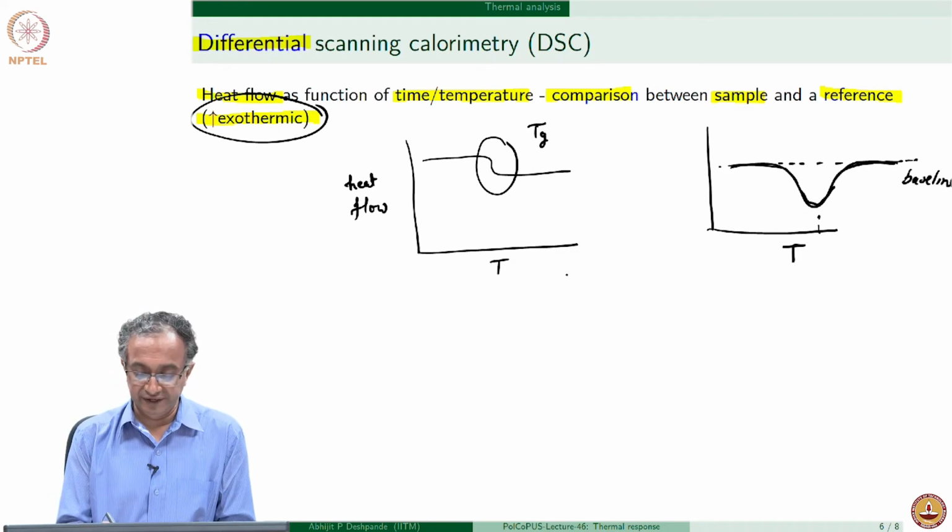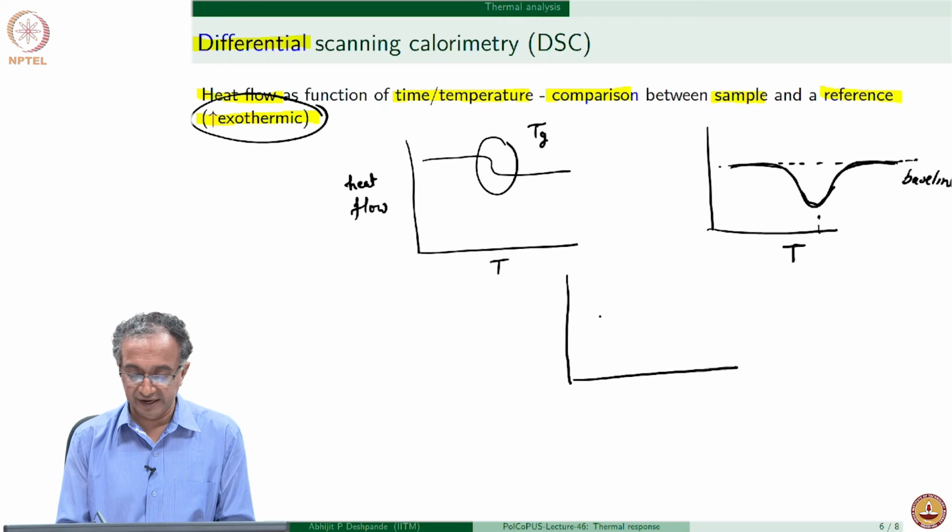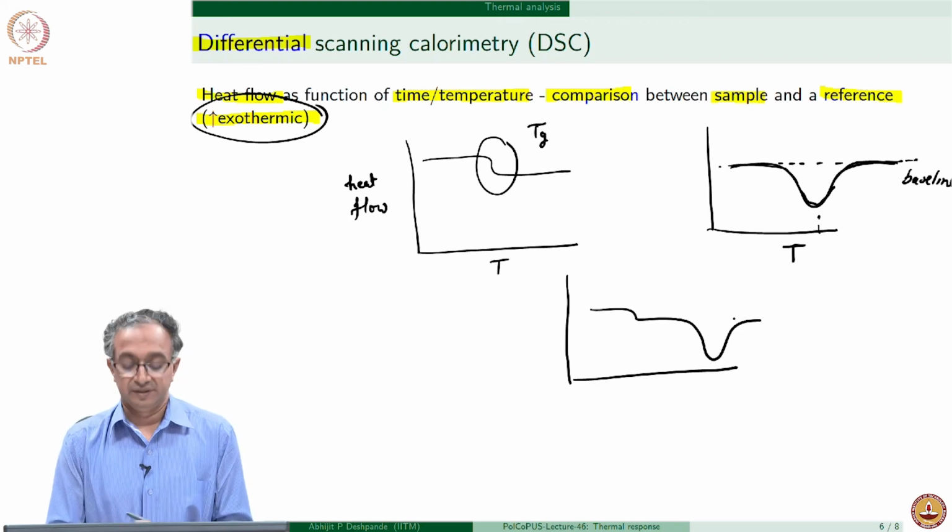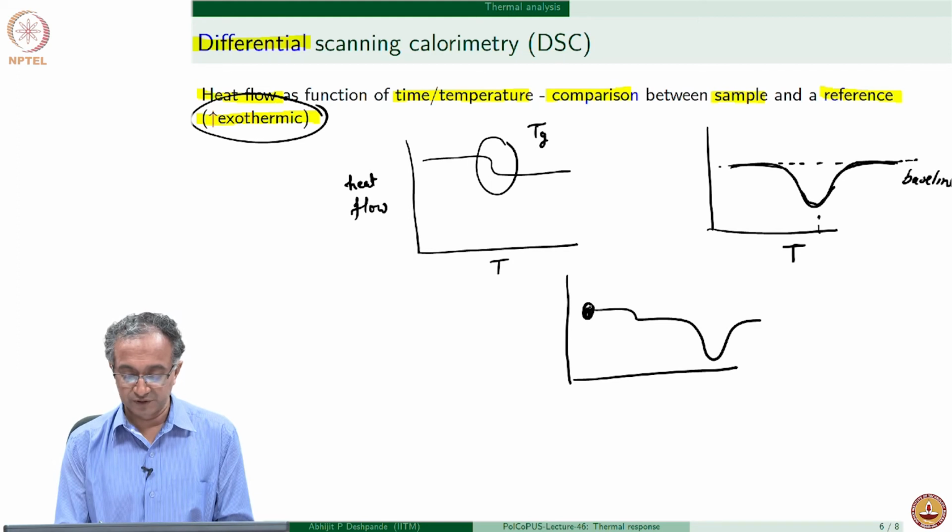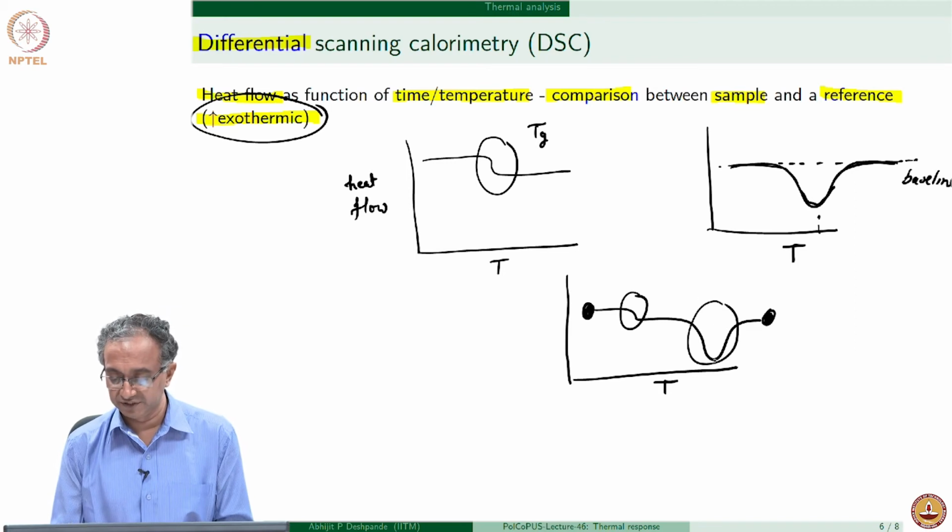And so, if we look at another sample and if we see some response like this, then can you state something about what was the state of the material here and what was the state of the material here? So, as we increase the temperature, we undergo a step change, which is the glass transition temperature. Then there is an endothermic process which is associated with the melting temperature.